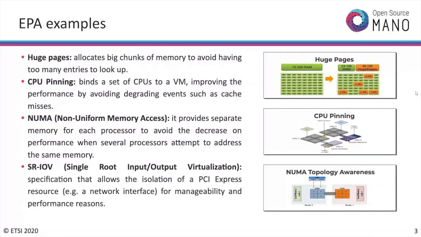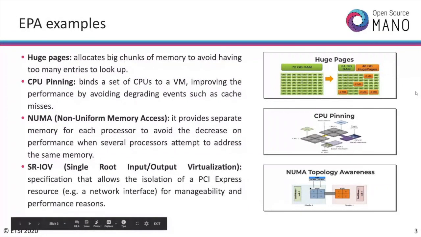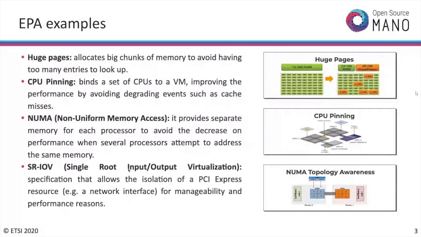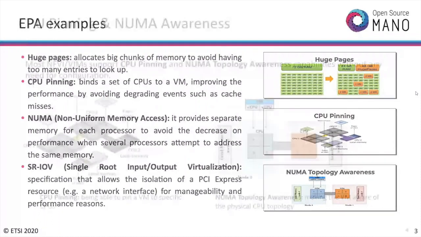So you can make the virtual machine aware of this topology of multiple nodes inside the server, so they can leverage, for example, having CPU and memory in the same node instead of having to go through an interconnect, which will bring slower times when reading memory. And SR-IOV, or pass-through techniques, will allow us to connect a virtual machine directly to the NIC instead of going through a virtual switch.